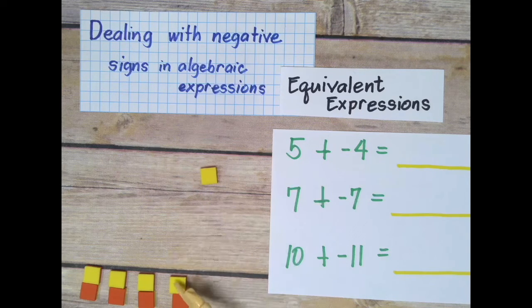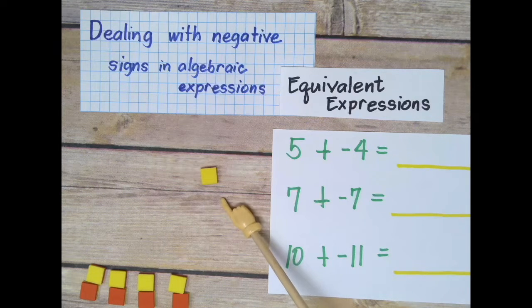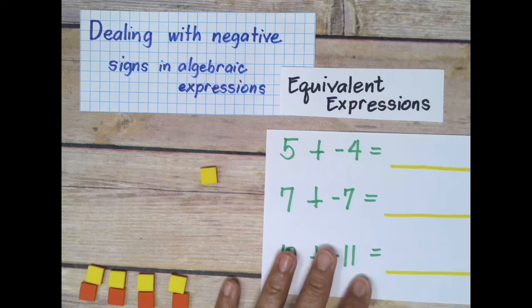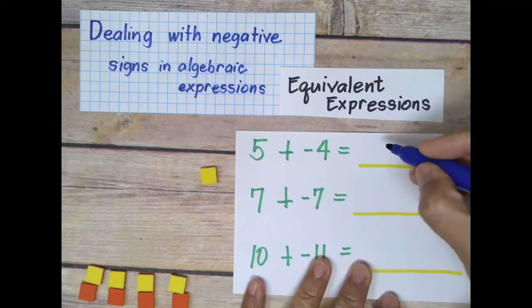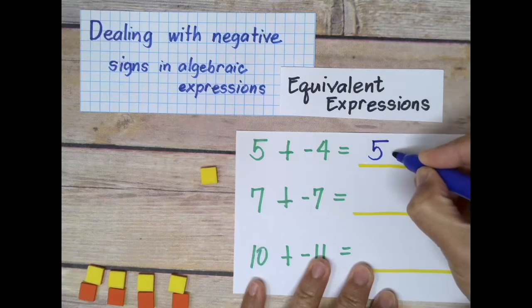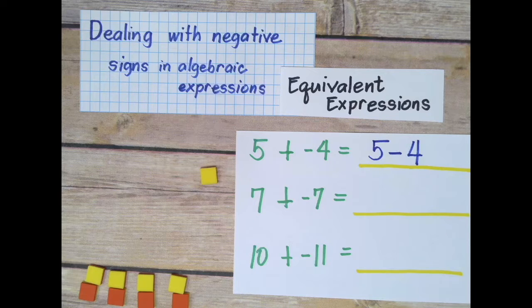We took away 1, 2, 3, 4 yellow squares from the set of 5 yellow squares. So 5 plus negative 4 is equivalent to 5 take away 4, or 5 minus 4.